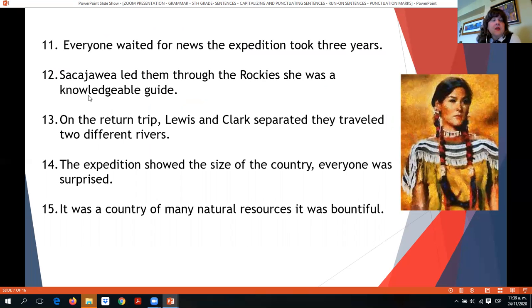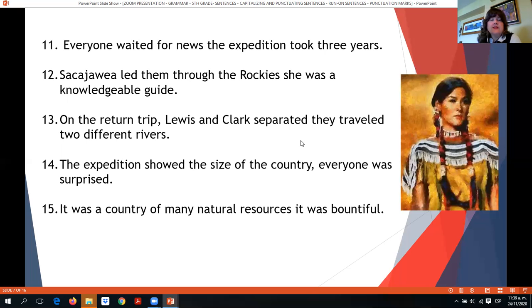All right. Number 13, on the return trip, Lewis and Clark separated. They traveled two different rivers. We have two ideas. The first one, on the return trip, Lewis and Clark separated. And the second idea is they traveled two different rivers. So if we separate them into sentences, we should say, on the return trip, Lewis and Clark separated, period.